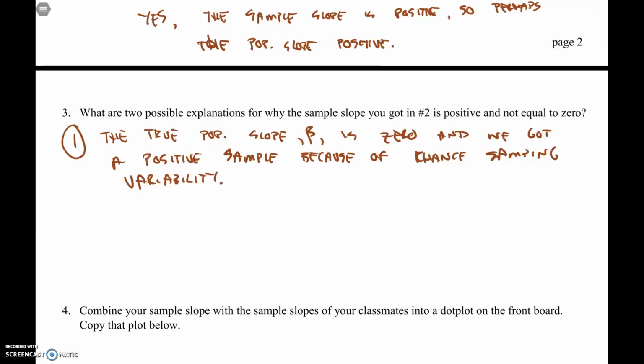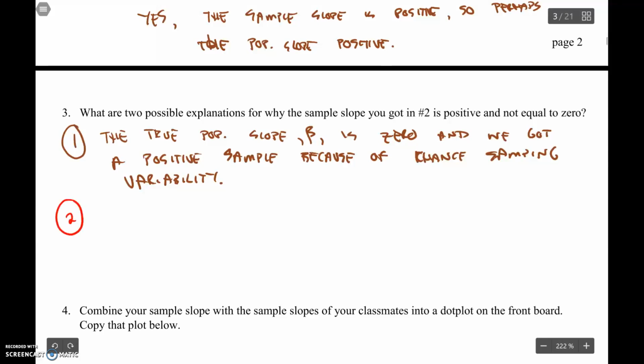Meaning, I should have gotten a 0. If I did it once, I might get a positive 0.1, and if I did it again, I might get a negative 0.2, and again, a positive 0.25. So half the time we're going to get over 0, and half the time under. So maybe this is just one of those times where we got over.